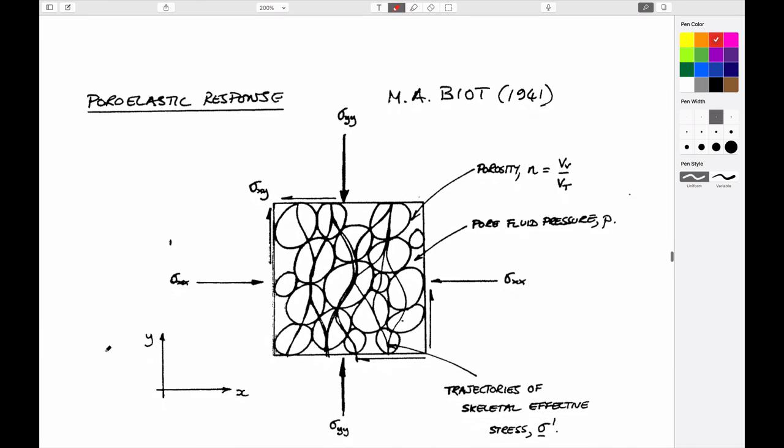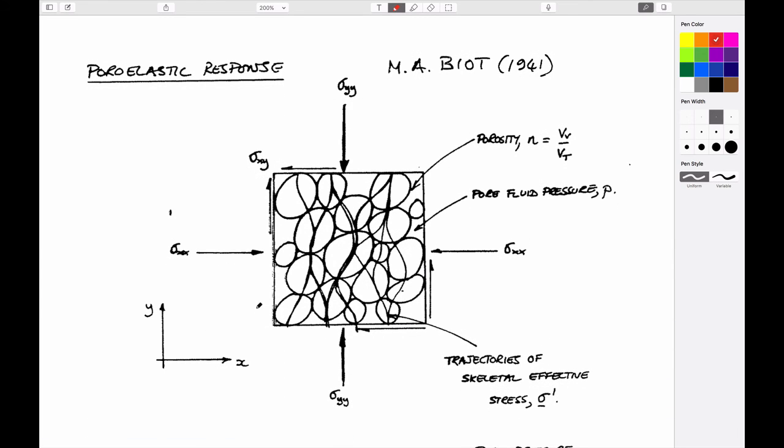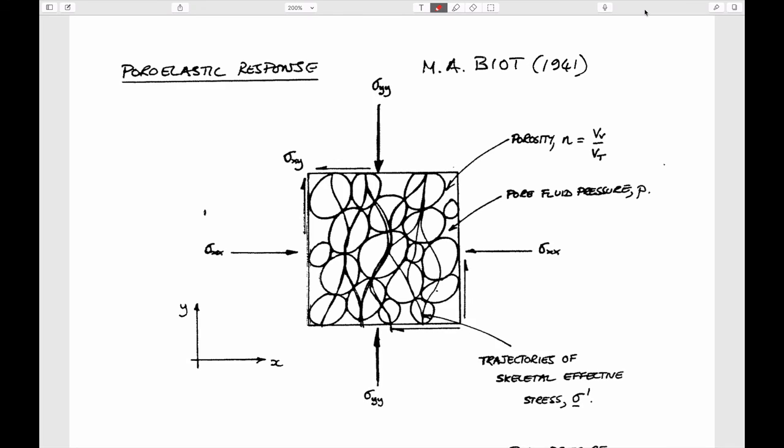So let's get started on looking at what pore mechanics is. The idea is basically this: you can take an assemblage of grains. Around those grains you have fluid, which exists in the pore space.